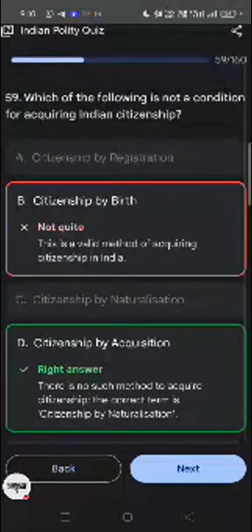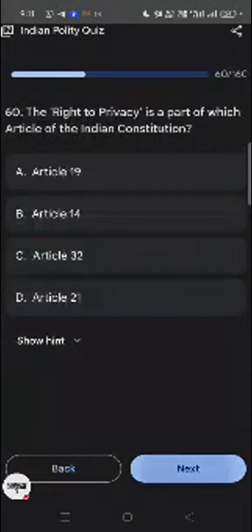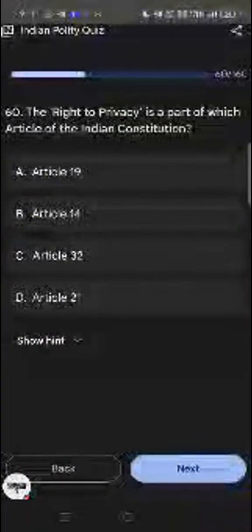There is no such method as citizenship by acquisition. The right to privacy is under Article 21.